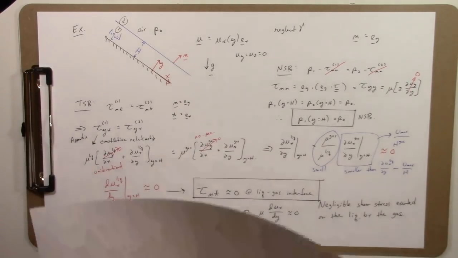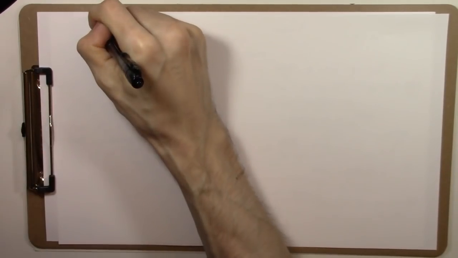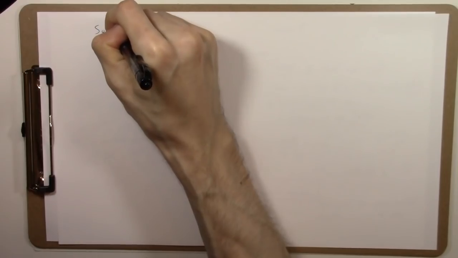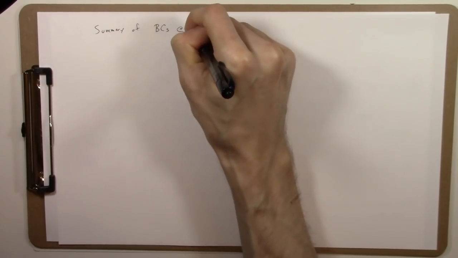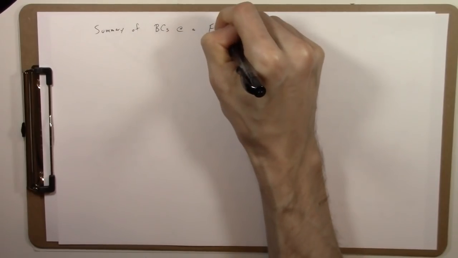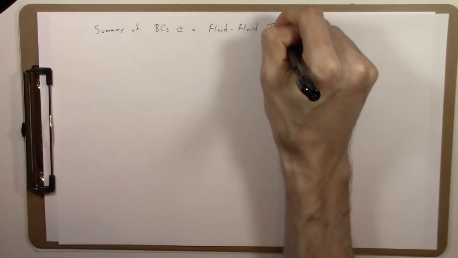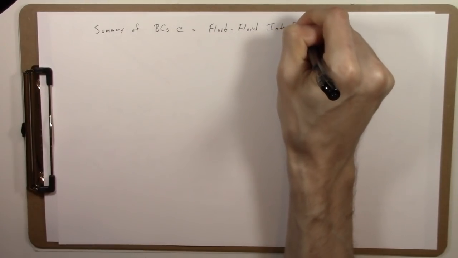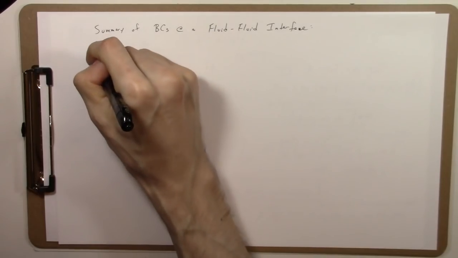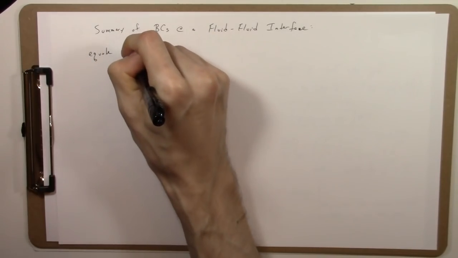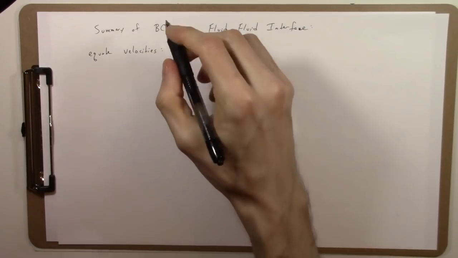So finally, to summarize our boundary conditions at a fluid-fluid interface, what we do is we equate velocities.